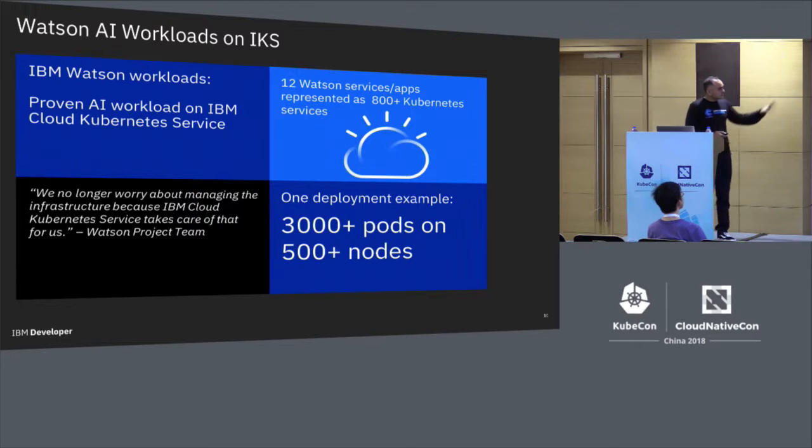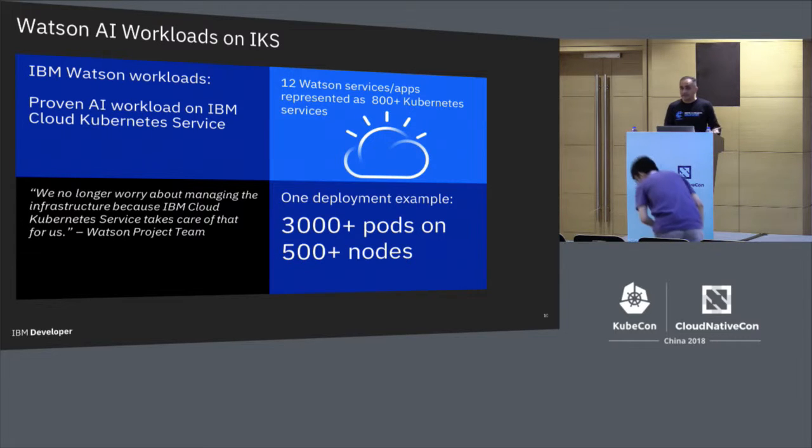And this is just a real quick slide on, besides our customers, we use this IKS big time within IBM, right? Watson. Everybody knows Watson, I guess. Heard about it? Yeah? So, several things we do with Watson, and this is an example of the AI workloads running on IKS, from the Watson team.